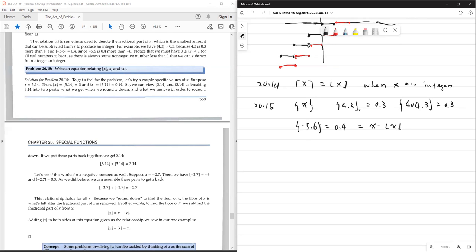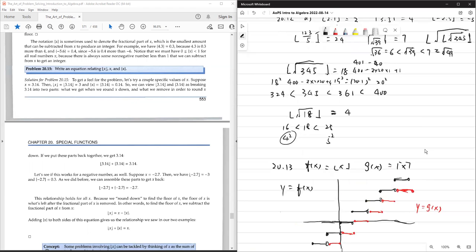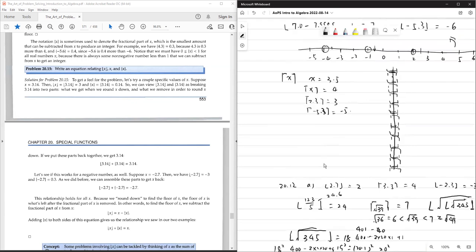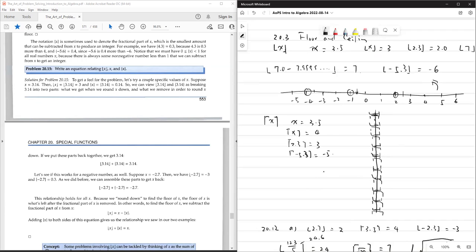We are looking for the portion between this and that, from once we have the floor to what's left over.